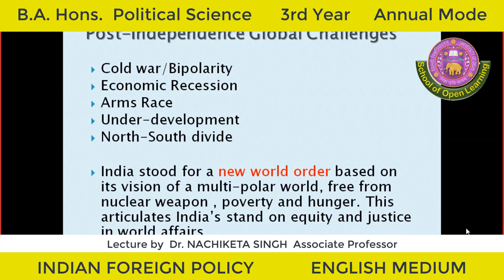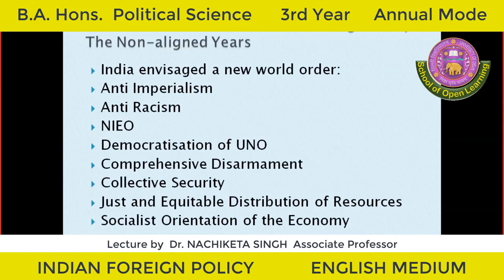That means India wanted to create a world that was based on equity and justice. And equity and justice means that every country, small and big, powerful and not so powerful, should have the bare minimum to survive and live in a dignified way.